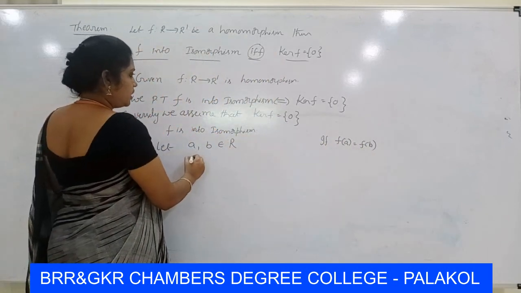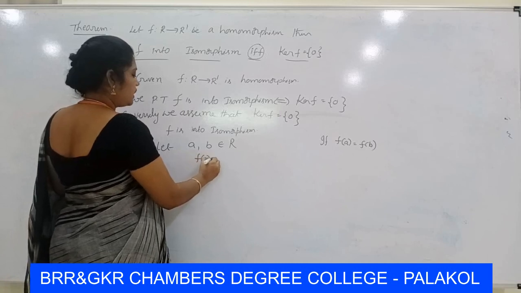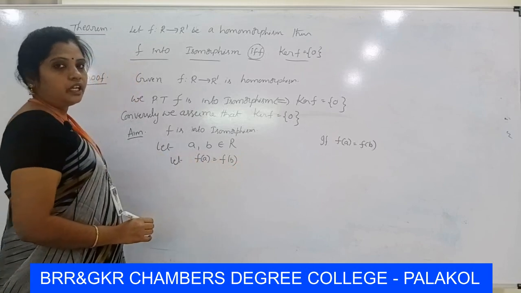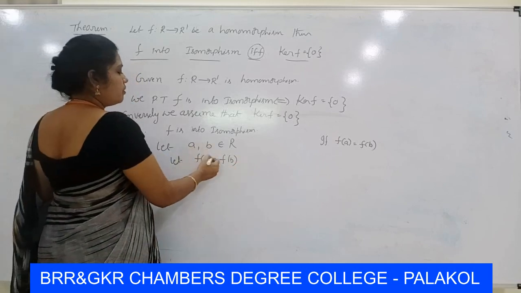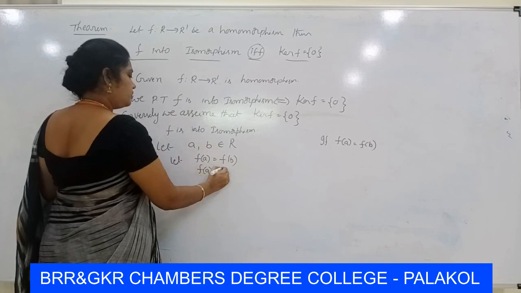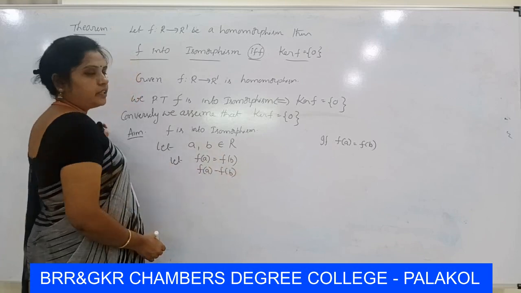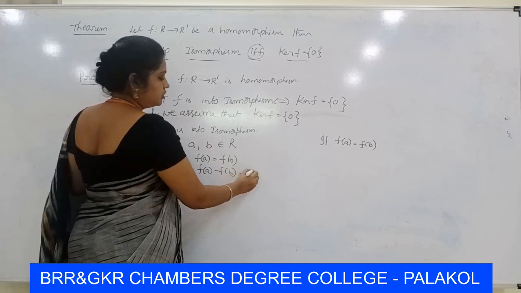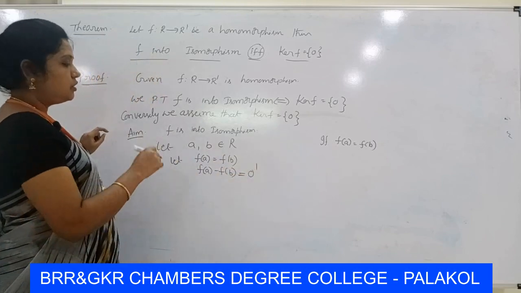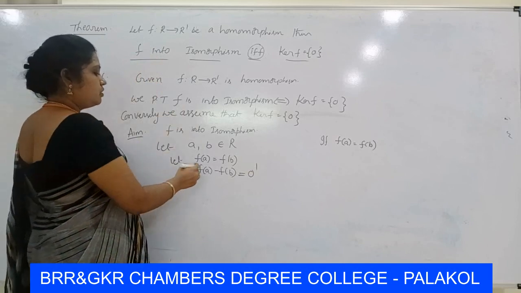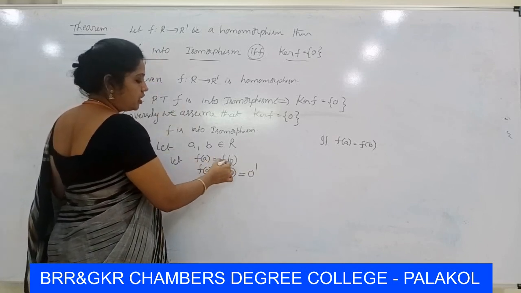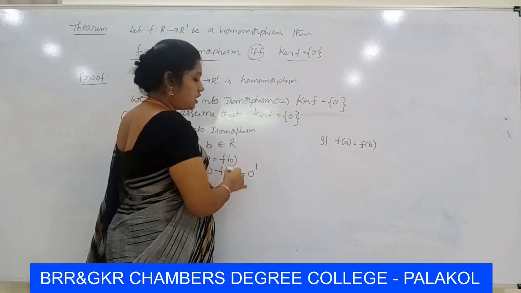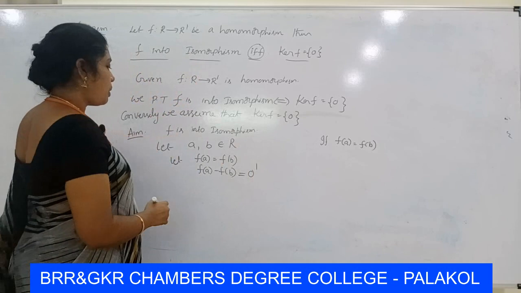If we take f of a is equal to f of b, then f of a and f of b are elements of R dash. So f of a minus f of b is equal to 0 dash, that is the 0 element of R dash.